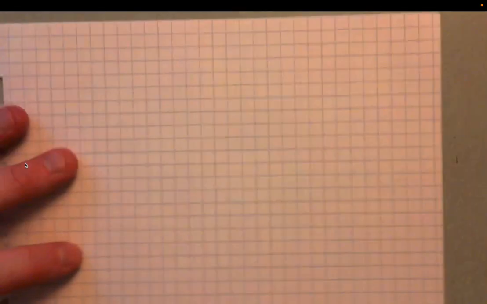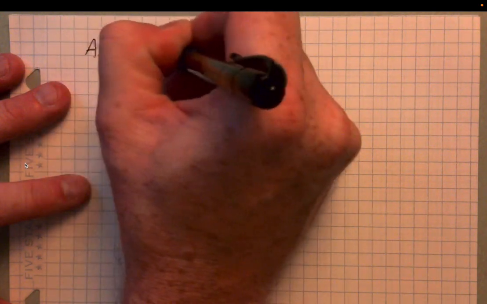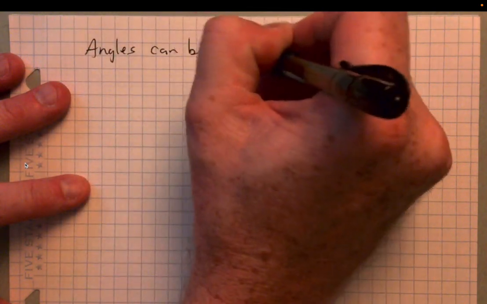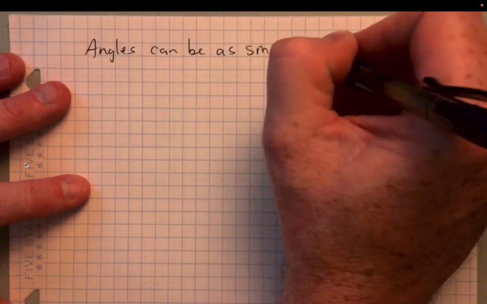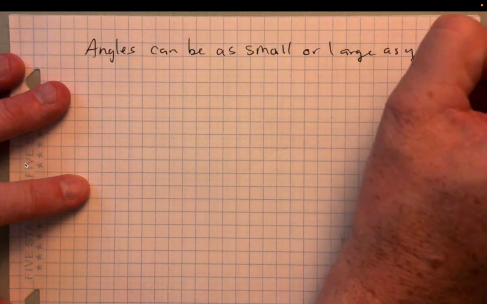Now, it is possible to rotate beyond 360 degrees. Of course, your terminal side will just land in a position where a smaller angle could represent it in standard position. But as far as the angle goes, angles can be as small or large as you like.